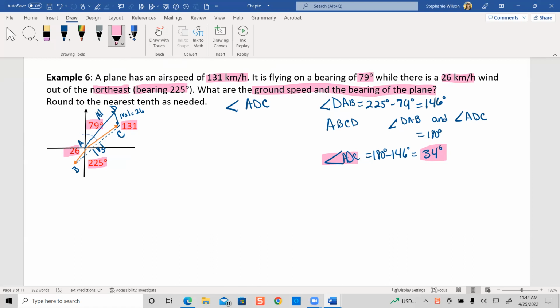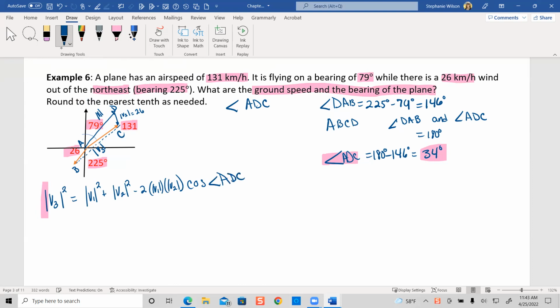Okay, we are going to use the law of cosines to find the magnitude of velocity 3 or vector 3. So I'm going to take the absolute value of this. We're going to square it because we're using the law of cosines. We're going to set it equal to V1 squared plus V2 squared minus 2 times that V1 times that absolute value of V2 cosine of that measure of ADC.